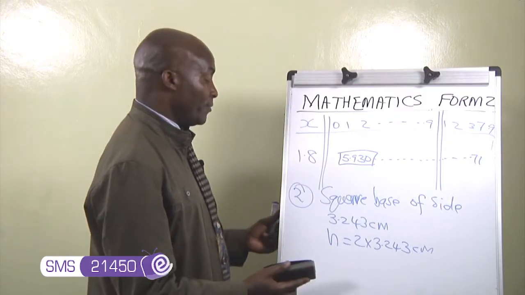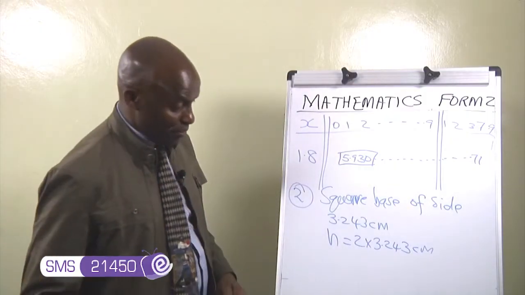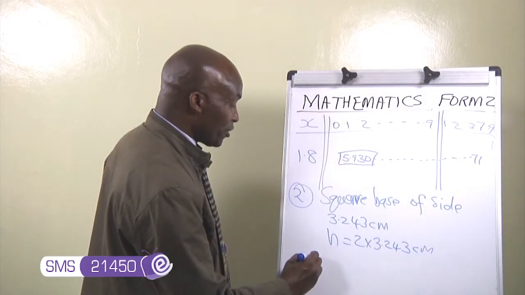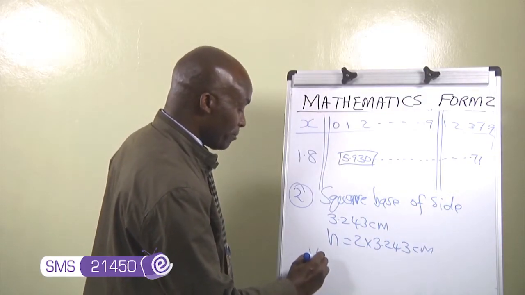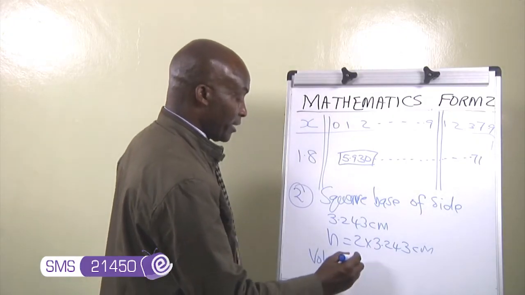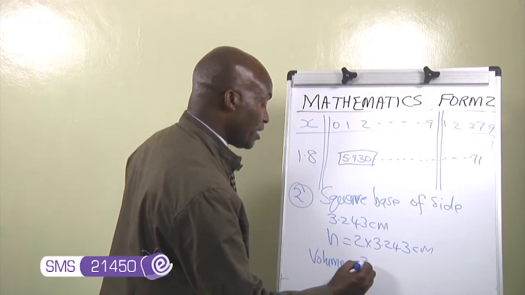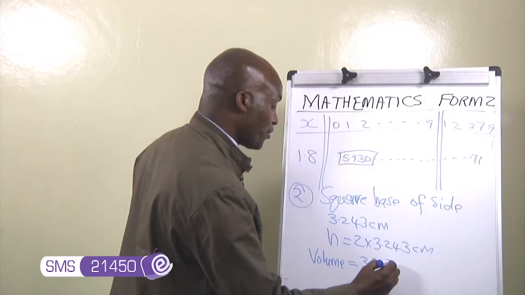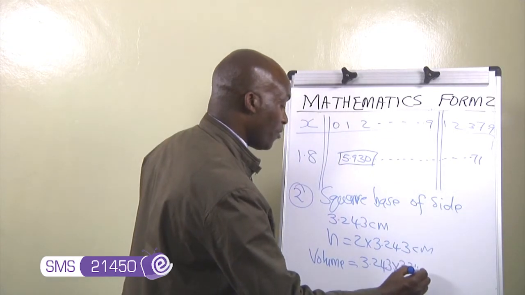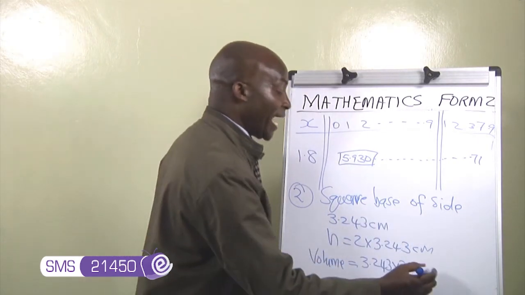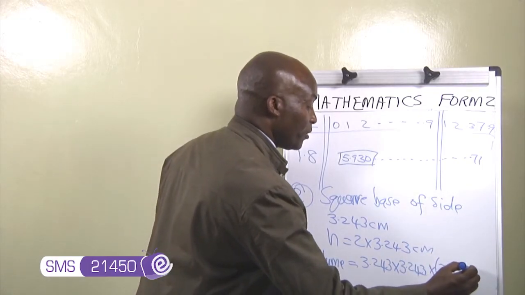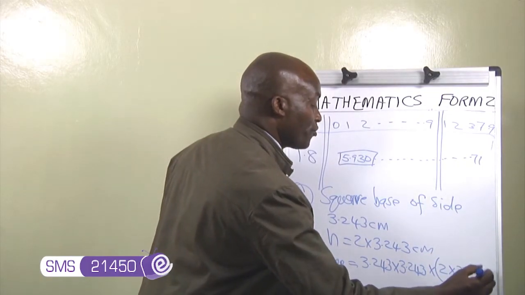Now, here we need to say the volume is equal to the base area, which is 3.243 times 3.243, then times the height, and the height is 2 times 3.243.